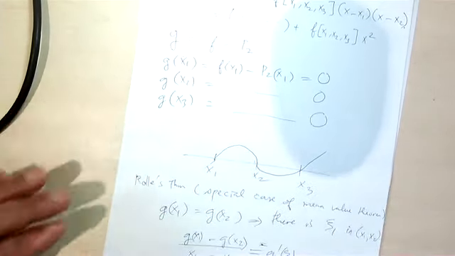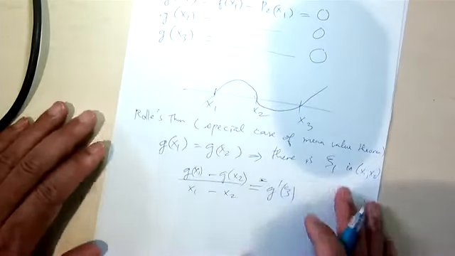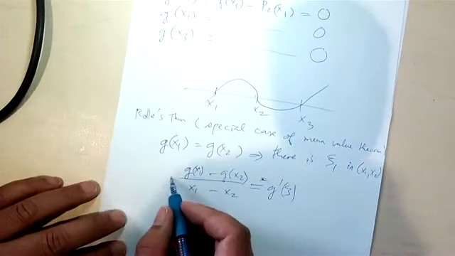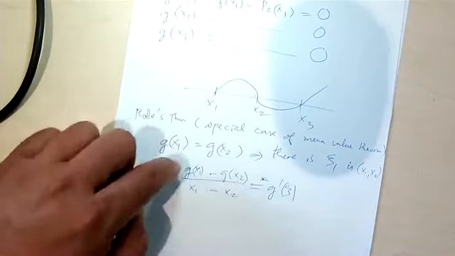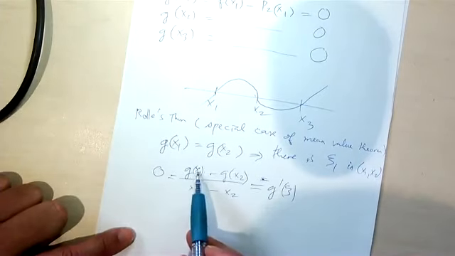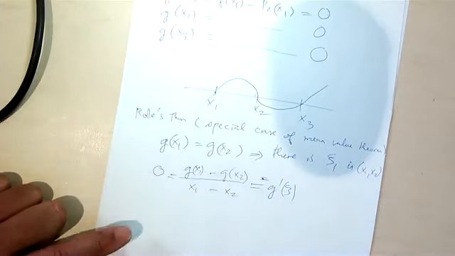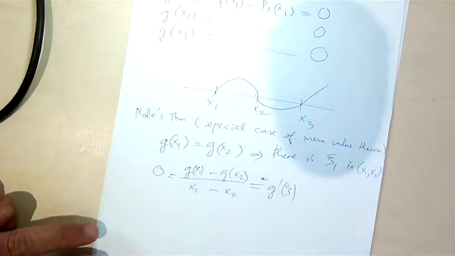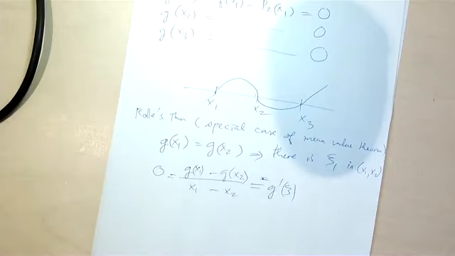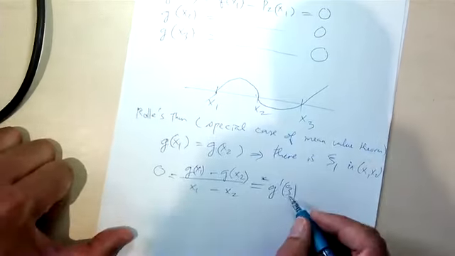So this is the mean value theorem for the function g, yeah? And it equals 0 because g(x1) equals g(x2), right?